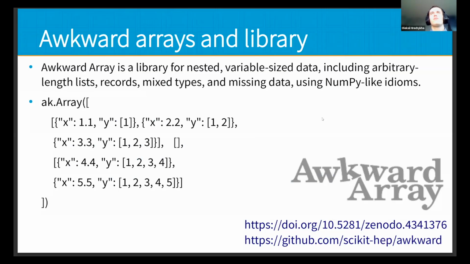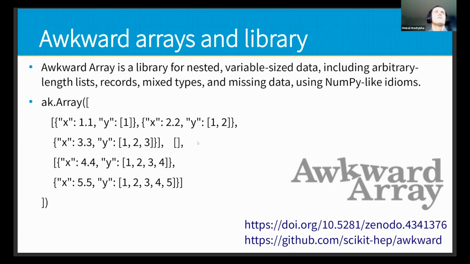These are essentially arrays of lists of varying lengths, which arise when you have a result in high energy physics where for a certain event, a particle would not have all of the possible parameters, for example. So it could have missing values, it could have empty elements, etc.